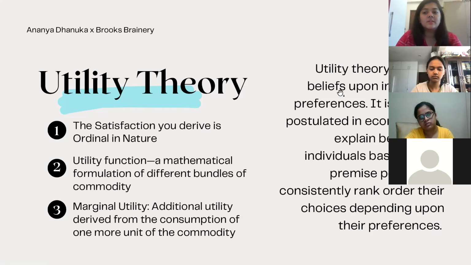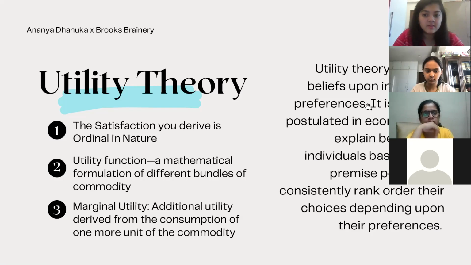So utility theory bases its beliefs upon individuals' preferences. It is a theory postulated in economics to explain the behavior of individuals based on the premise that people can consistently rank order their choices depending upon their preferences. I think this is a definition that is fairly comprehensible at this point.